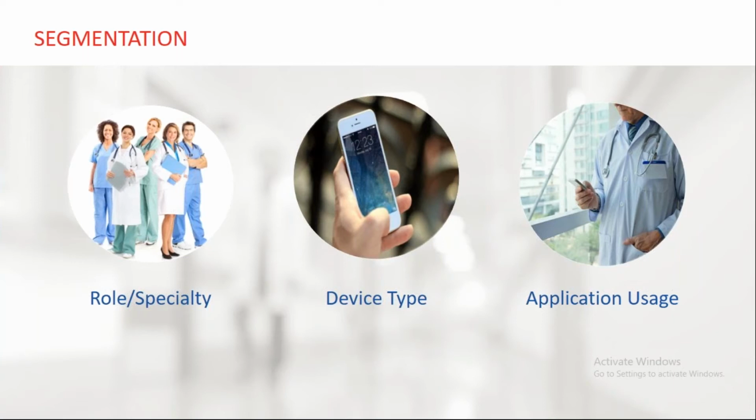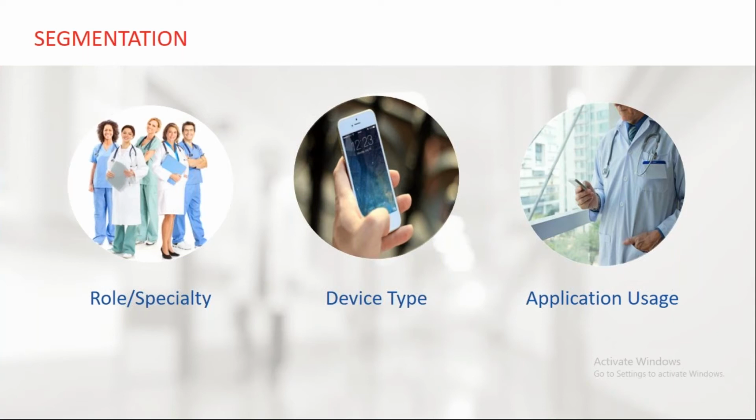There could be differences in the devices and the behavior of the application on the devices that would warrant segmenting your communication to ensure that you're communicating very directly to a particular person by device. You could get that data from a mobile device management tool if you have it in place, or you could potentially get that as you register users into your system, if you're registering them into a system.